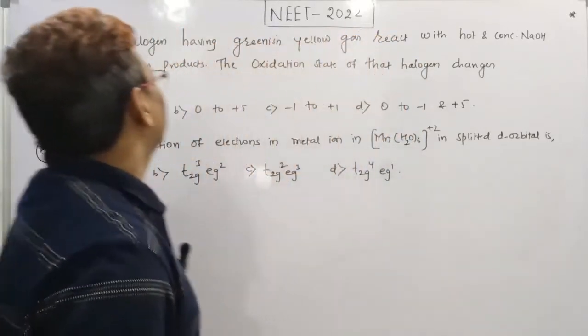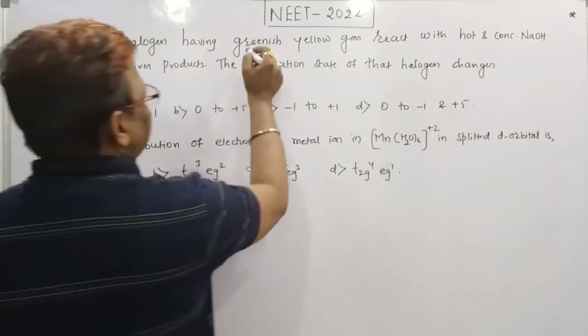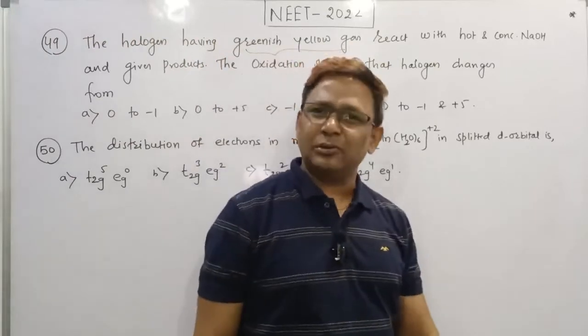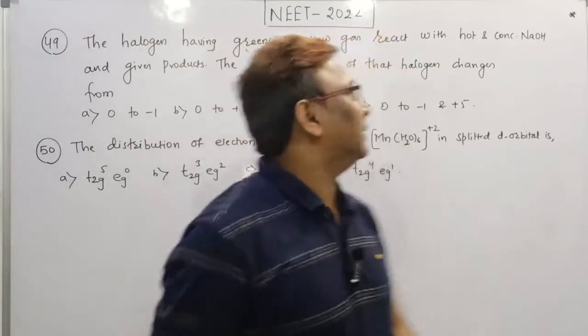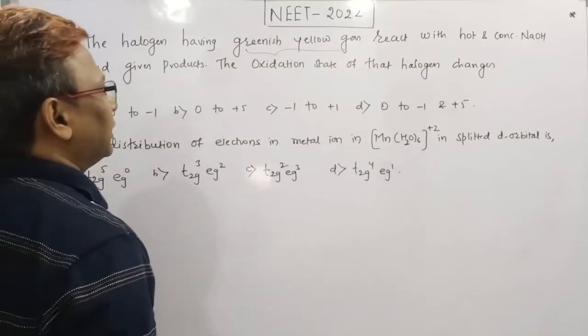Now see here, halogens having the greenish yellow gas. A greenish yellow gas means chlorine gas, everybody knows. This chlorine gas on reacting with hot concentrated NaOH gives rise to a product.